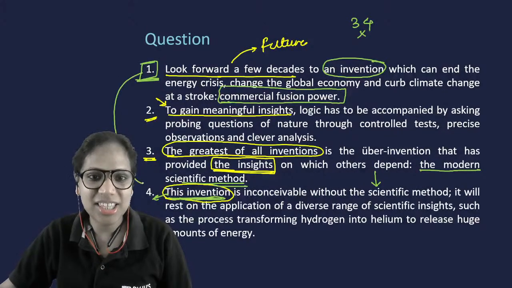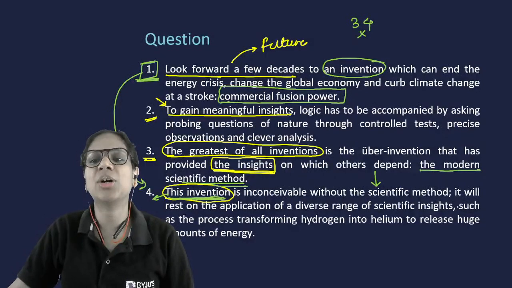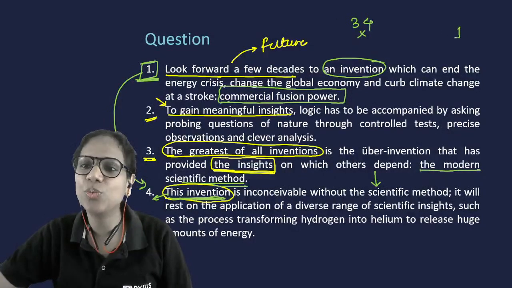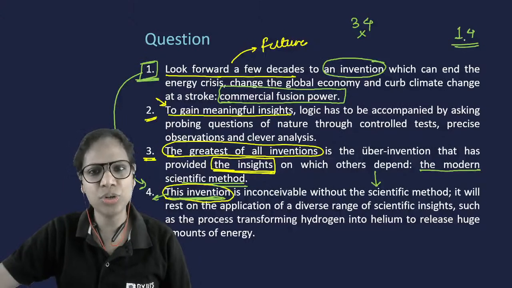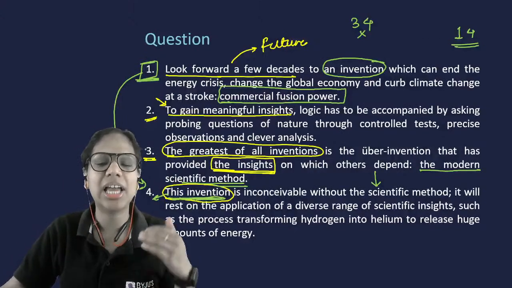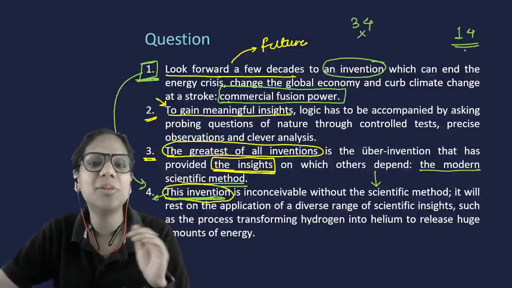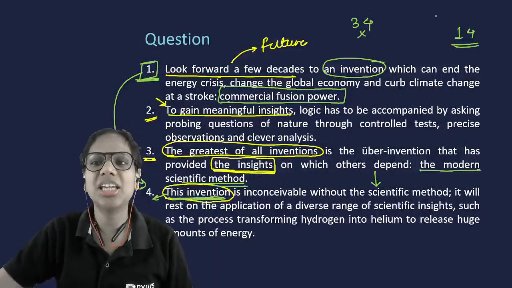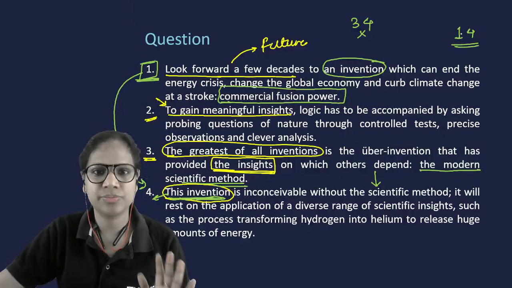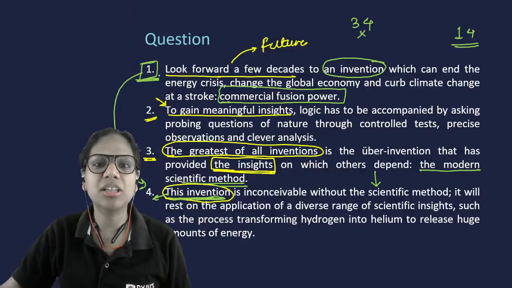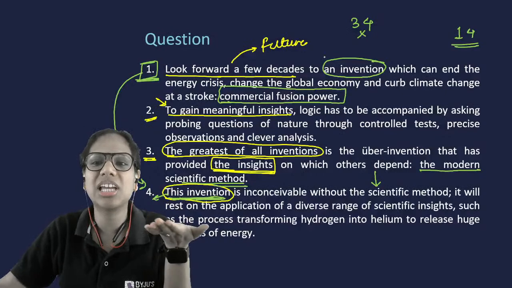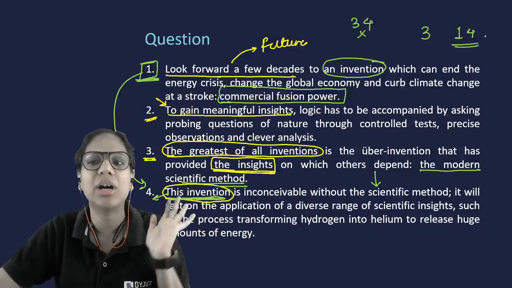This invention is inconceivable without the scientific method. So I think that 1 4 is a pair. Then I'll see where to put 3 and 2 and decide accordingly whether 1 4 is indeed a pair or not. See, 3 cannot come in between 1 and 4, for sure, because this invention is based on the modern scientific method. So 3 should come before 1 and 4.